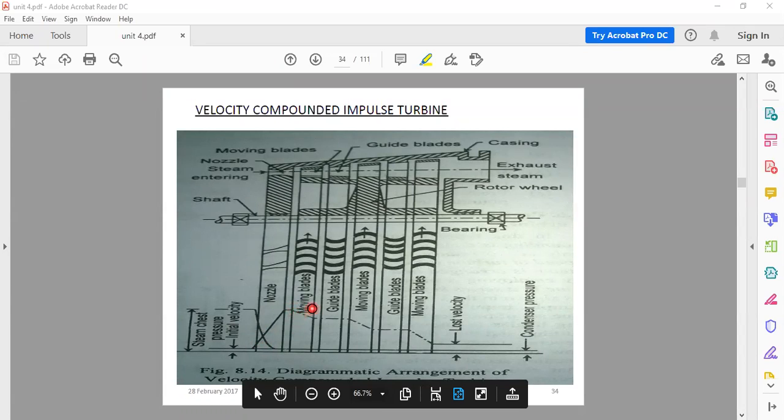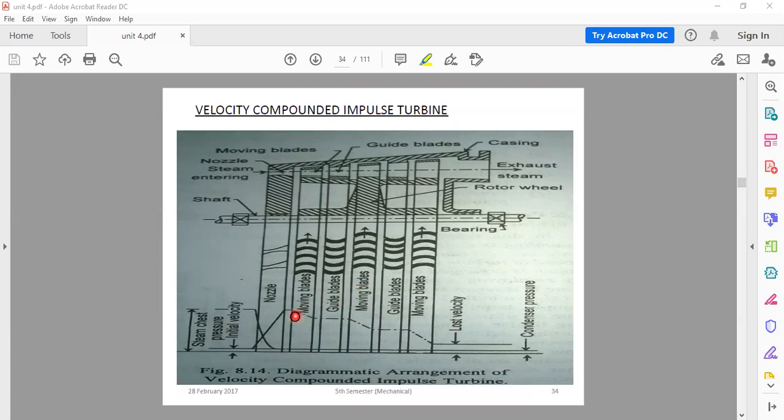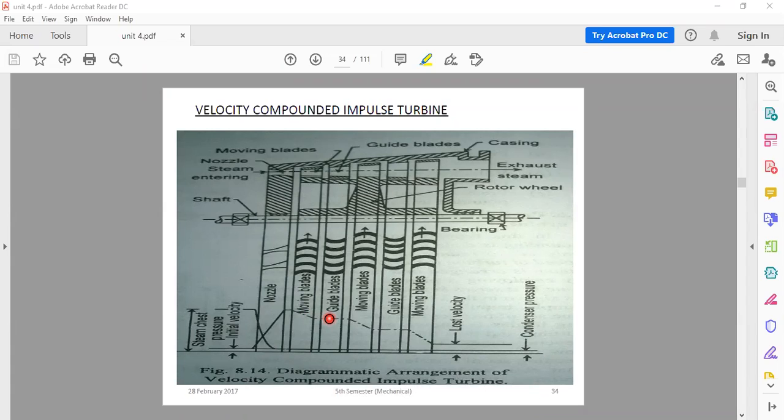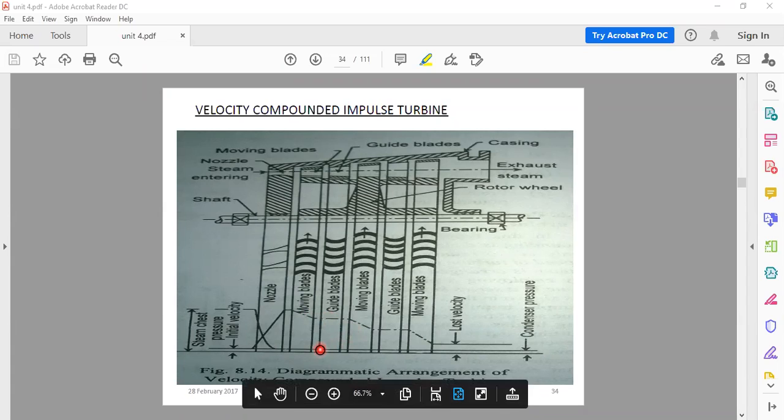After that, this steam passes over the moving blade, our velocity decreases and pressure is constant throughout.